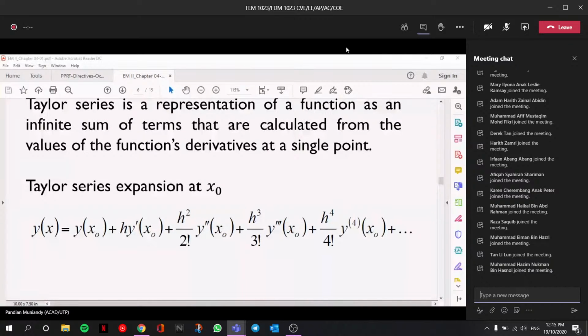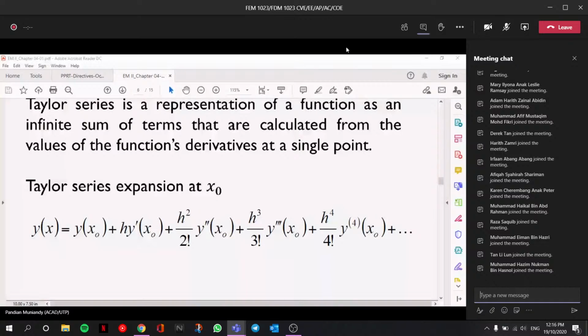Y(x) equals y(x naught) plus h y dash (x naught) plus h squared over 2 factorial y double dash (x naught) plus h cubed over 3 factorial y triple dash (x naught) plus h to the power 4 over 4 factorial y power 4 (x naught) plus, it goes to infinity. But for our study, we just take these two terms only on the right hand side. The rest we just cut and throw away.